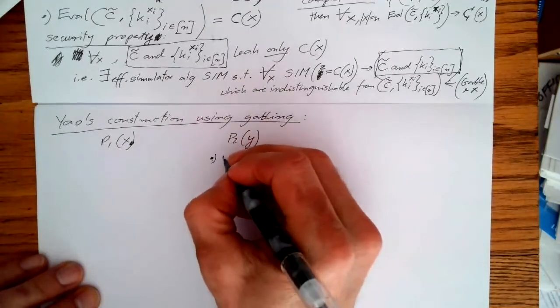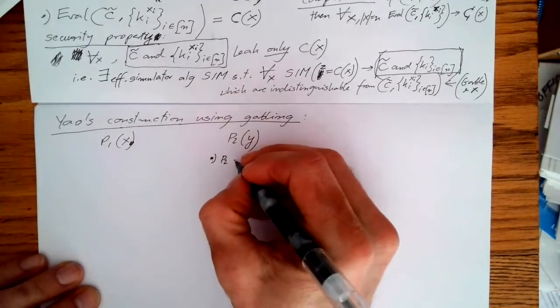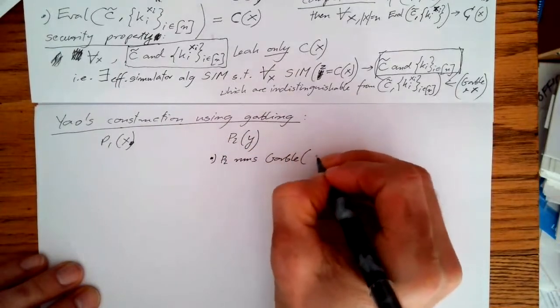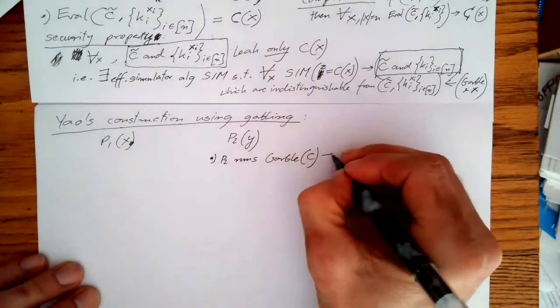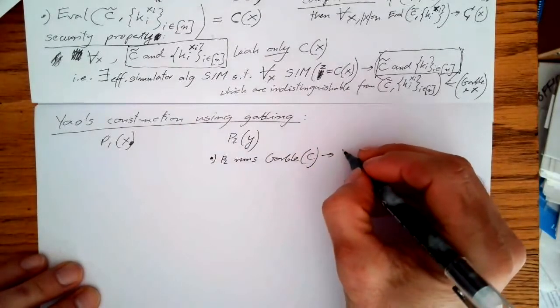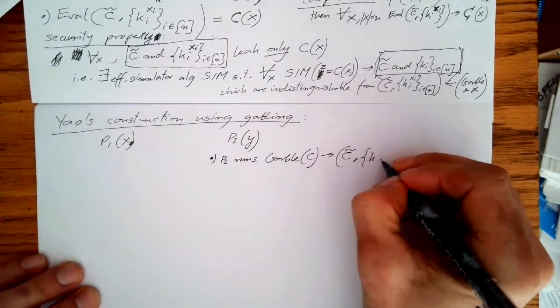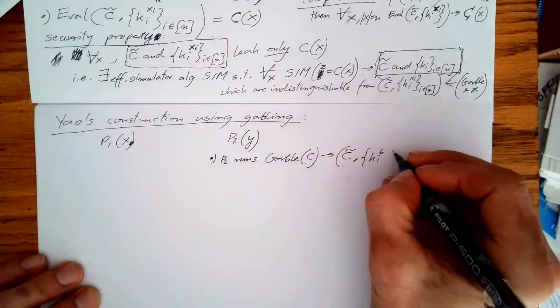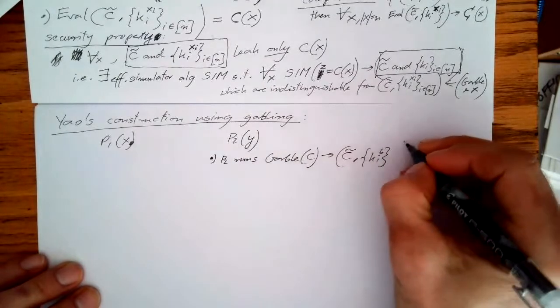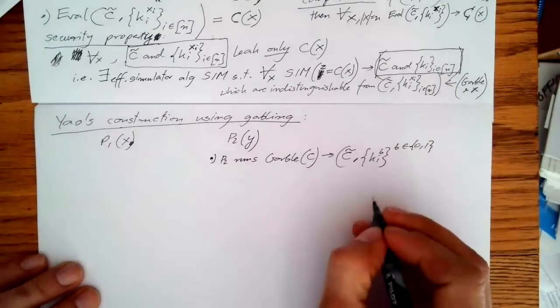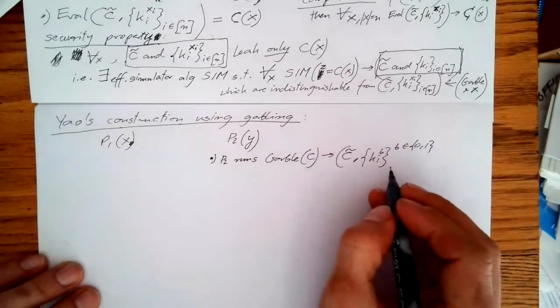First, P2 runs the garbling algorithm to create the garbled circuit and the keys corresponding to every possible bit on an input wire.